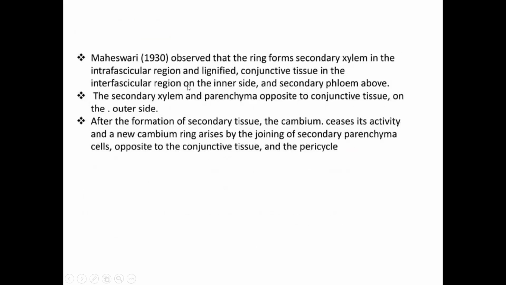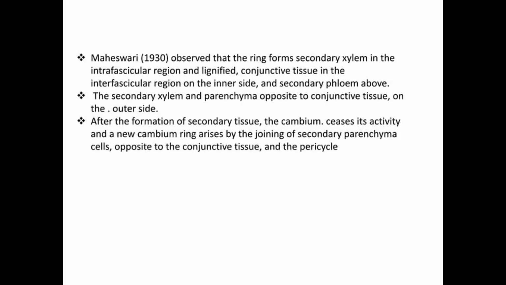Generally, cambium produces secondary xylem towards the inside and secondary phloem outside. But here, only in the vascular bundle region does it produce secondary xylem, and in the remaining region it produces lignified conjunctive tissue.